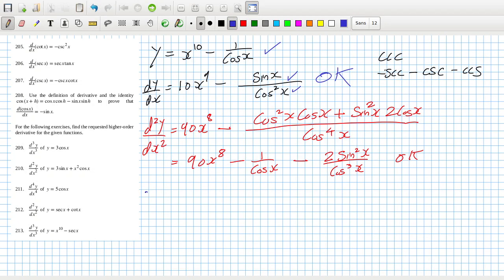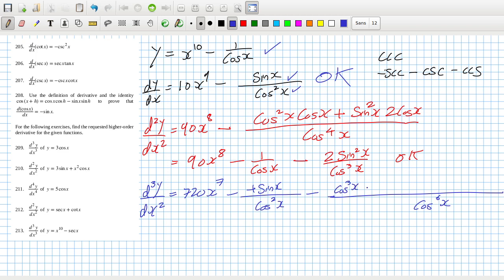So now let's get the third derivative. I really want this to be right. 720 x 7 minus the bottom squared. The bottom times the root of the top minus the top times the root of the bottom. Bottom squared. The bottom times the root of the top minus the top times the root of the bottom.